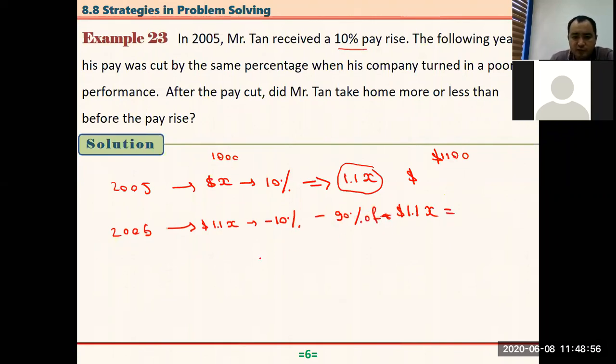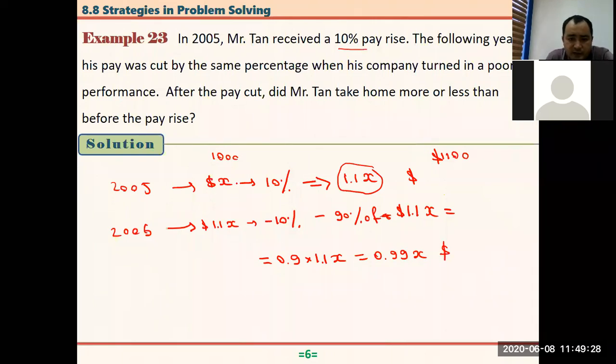Which is equal to 0.9 times 1.1 times x. If you multiply this, 0.9 times 1.1 is equal to 0.99x dollars.